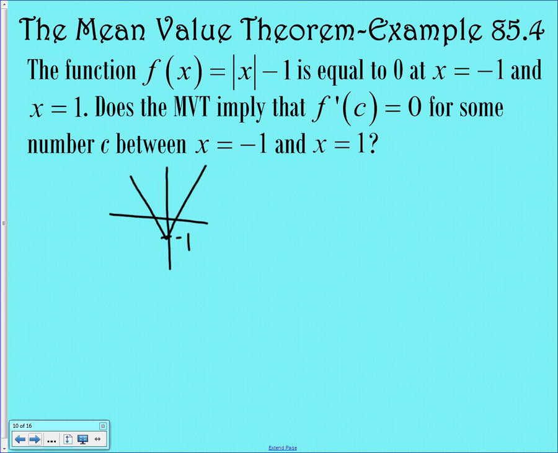That is a continuous function. Is it differentiable? No, because we have a sharp point here. Remember, the left hand and the right hand limits are not going to be equal. This one is going to be a -1, and this limit is going to be a +1. Those don't match up. So the mean value theorem cannot be applied here.